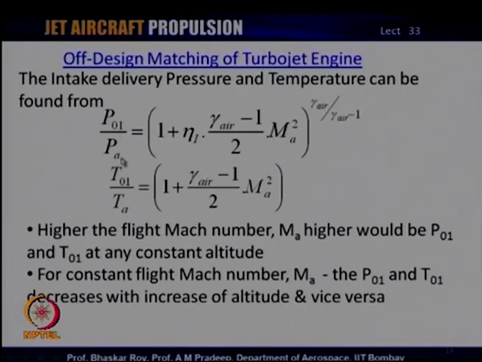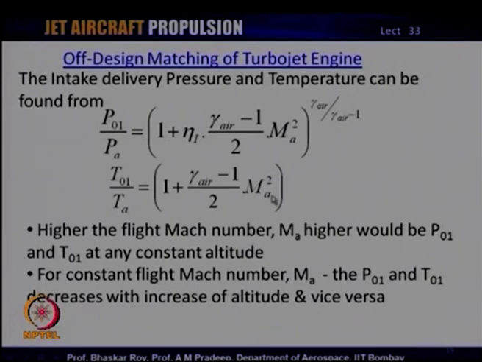At the intake, for example, the pressure that is developed through the intake can be written down in terms of the intake efficiency and the mass flow with which the flow is coming in, and using the isentropic relationship with the efficiency built into it, it gives us the P01, that is the compressor entry pressure.